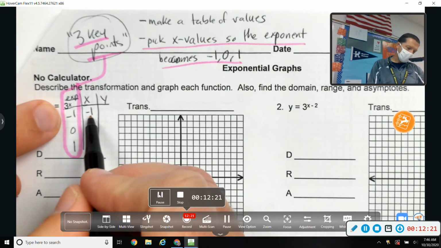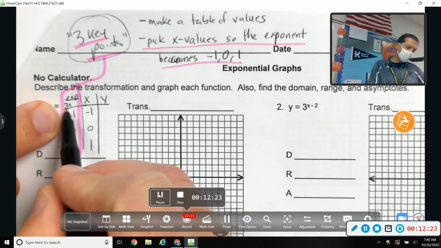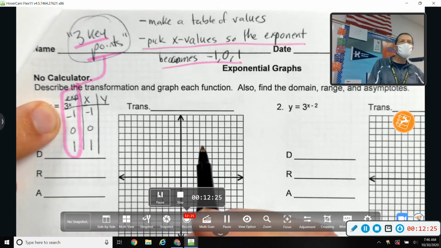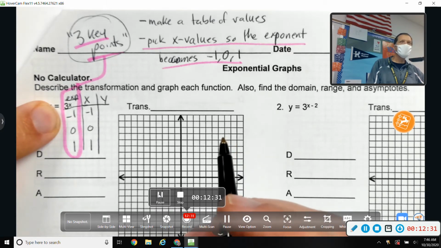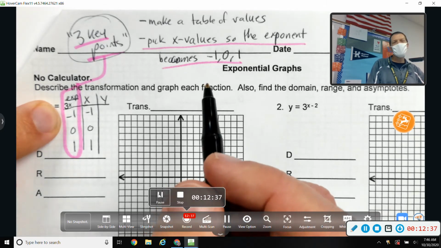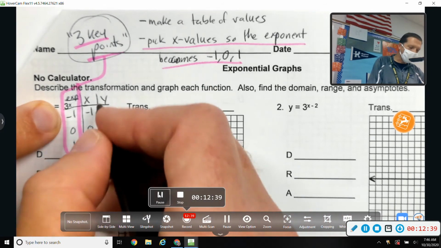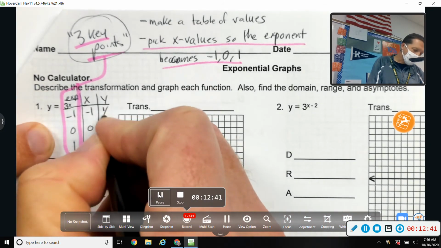All right, so we'll plug in -1. What's 3 to the -1? Three to the -1? Which one? So I heard 1/3 and -3, but it's 1/3 because the negative exponent flips it over.